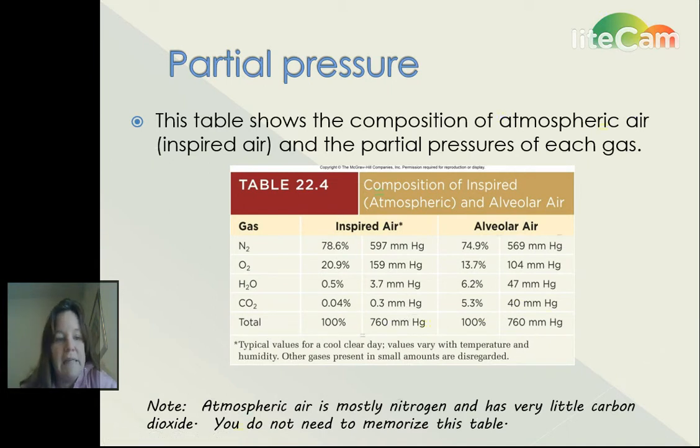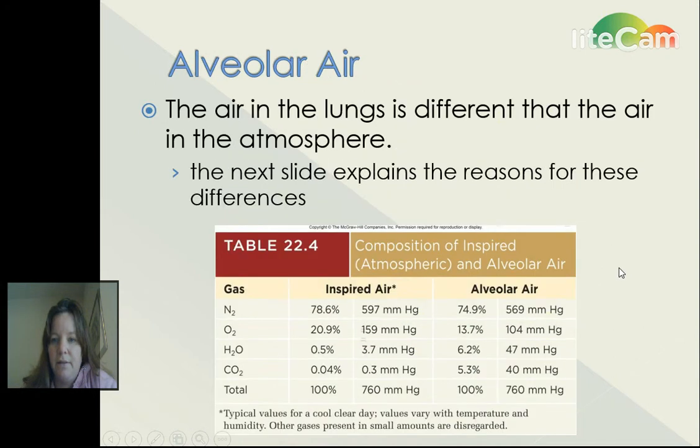Now, when you breathe it in, the air in your lungs has a little bit of a different composition. So if you look at this column here, the alveolar air, you'll see that the oxygen is lower, the water pressure is higher, and the CO2 is also quite a bit higher in the alveolar air than in the atmospheric air. So why is this?